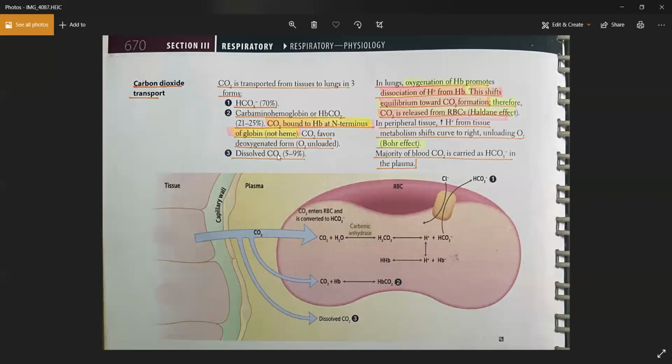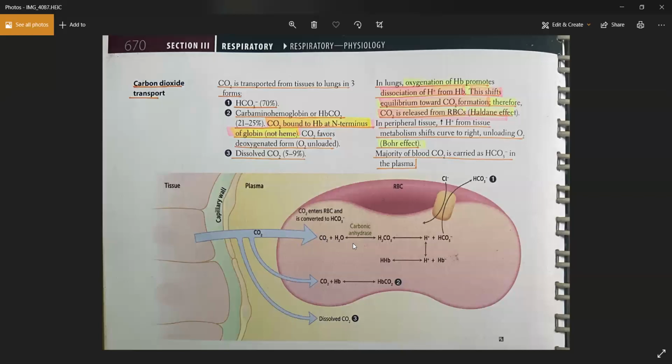Now what happens at the tissue site is, because of an increase in the H plus and the acidic environment there and an increase in the 2,3 BPG, you will lose all the oxygen to the tissues. And all of that CO2 will be diverted into the RBCs from the tissue sites. When this CO2 enters the RBC, it will meet the carbonic anhydrase.